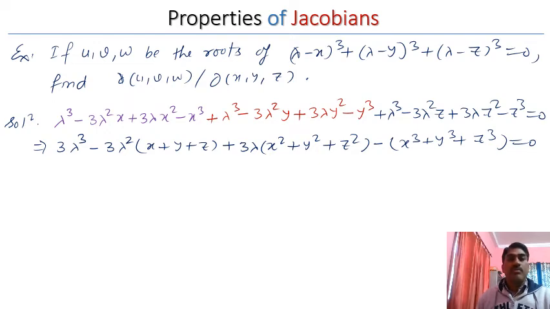So if u, v, w be the roots of this equation, then you know the formula.